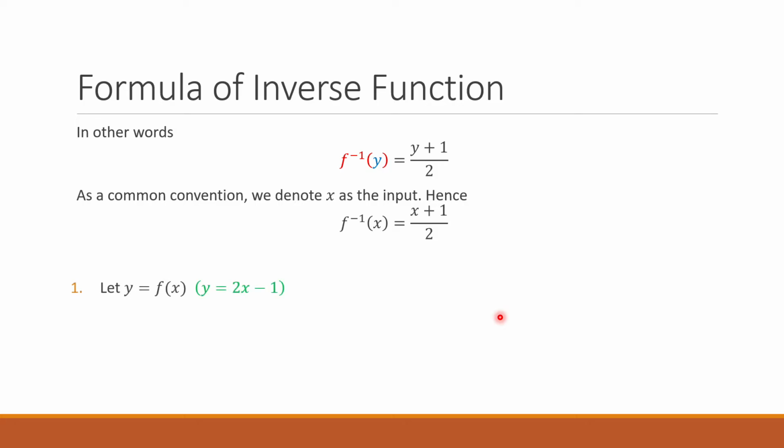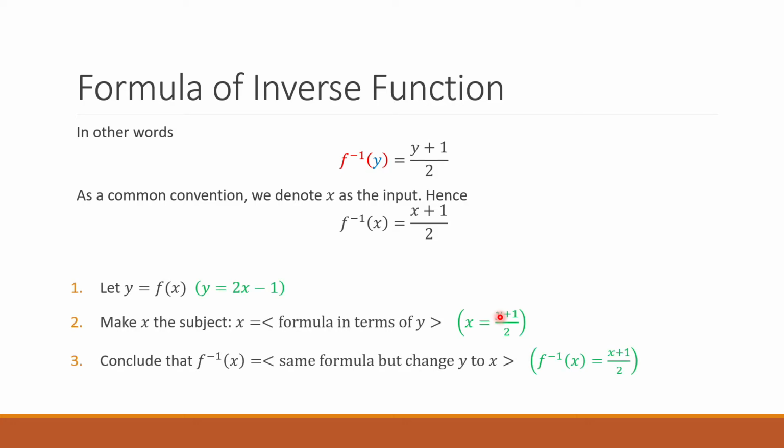To summarize the steps for you, the first step is that you let y = f(x). f(x) is the formula that you are given from the question. So in this case, we have y = 2x - 1. Then you try to make x the subject, because by making x the subject, you are trying to solve for x.